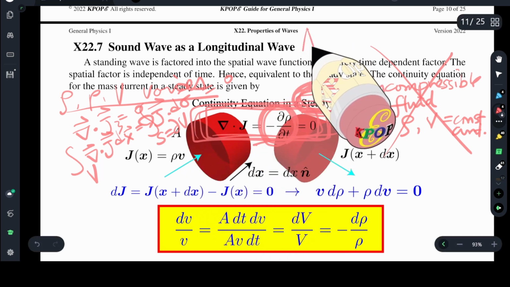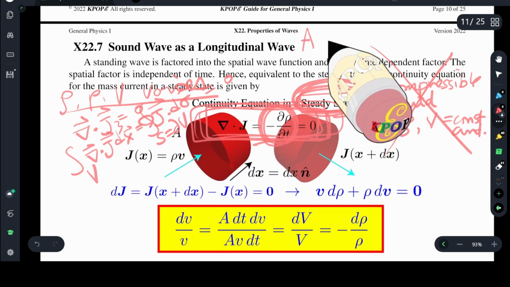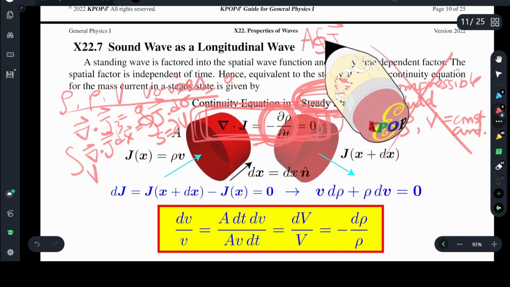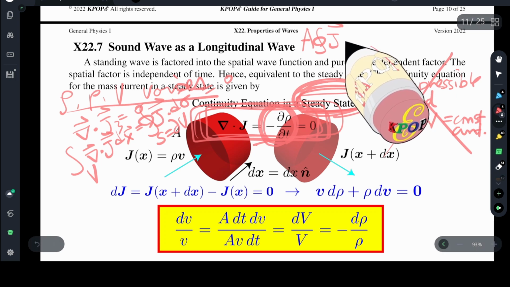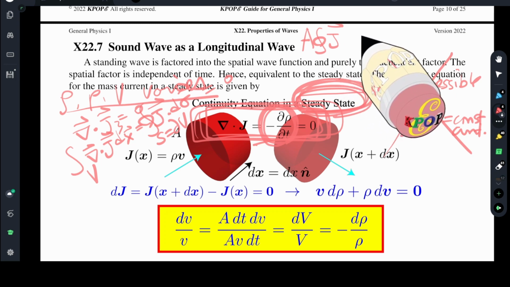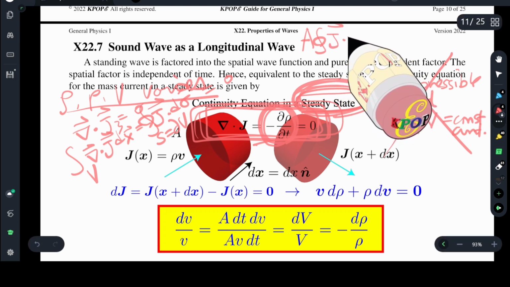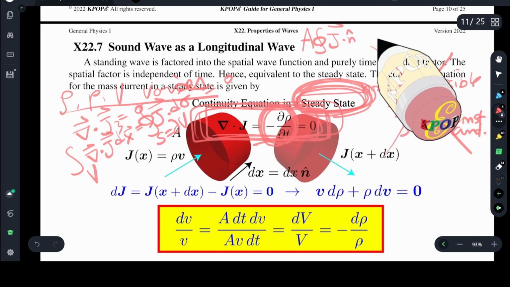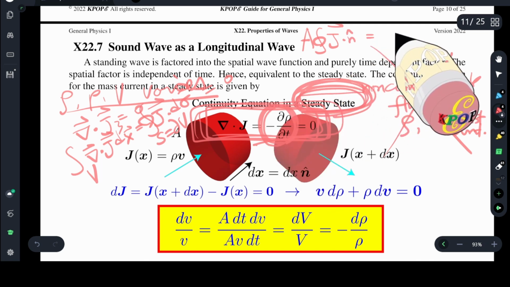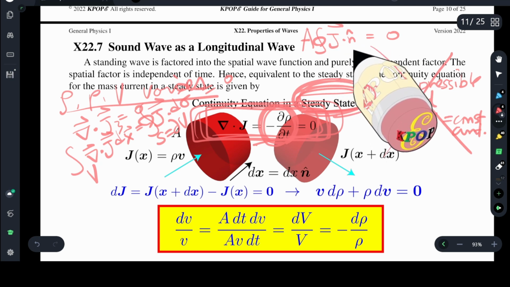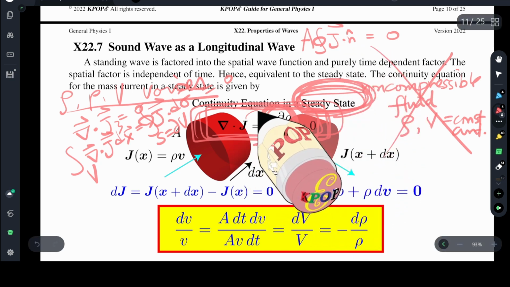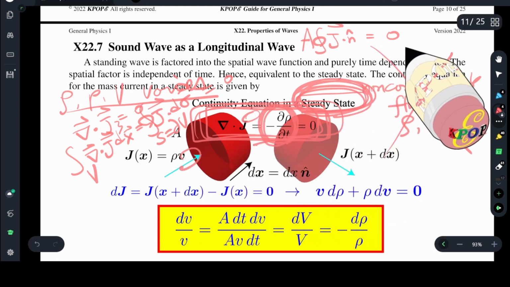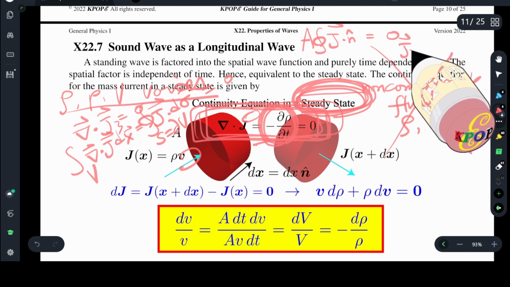We can pull this cross-sectional area out of the surface integral of J dot d sigma. So this J dot n equals 0.